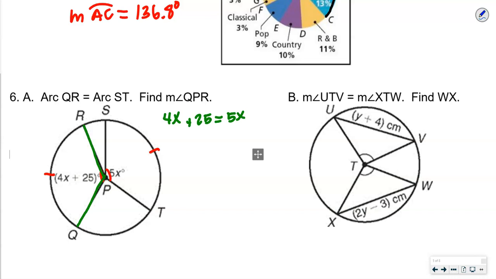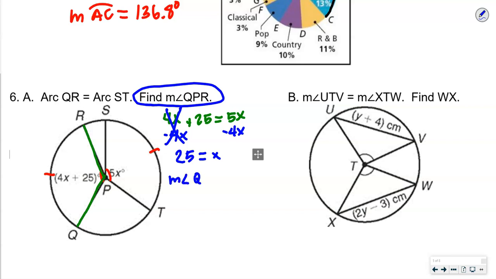I'm going to subtract 4x from both sides. So all the x's are gone from there. So 25 is equal to x. Now here again, that's not the question that was being asked. So make sure you guys read questions. Plug that back in. Okay? So to find the measure of angle QPR, we're going to do 4 times 25 plus 25, that's 125, okay?